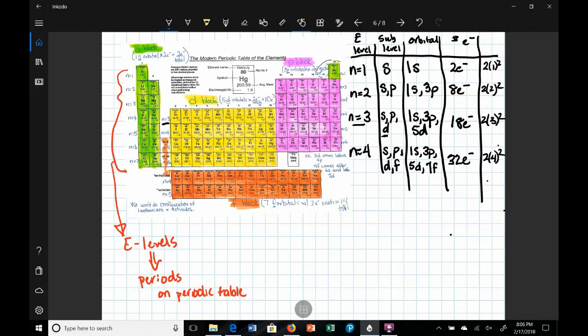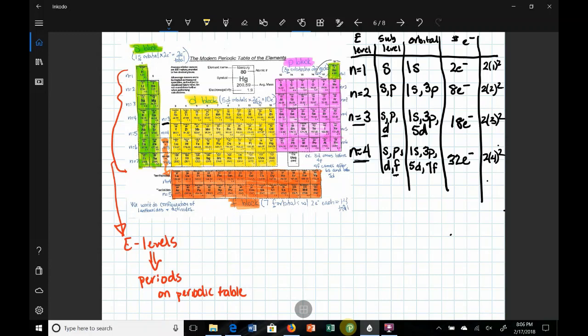As we are thinking about electron configurations, these electrons are housed in orbitals within sublevels, within energy levels. Now, as we move down the periodic table, notice that we start our f orbitals in our fourth energy level.